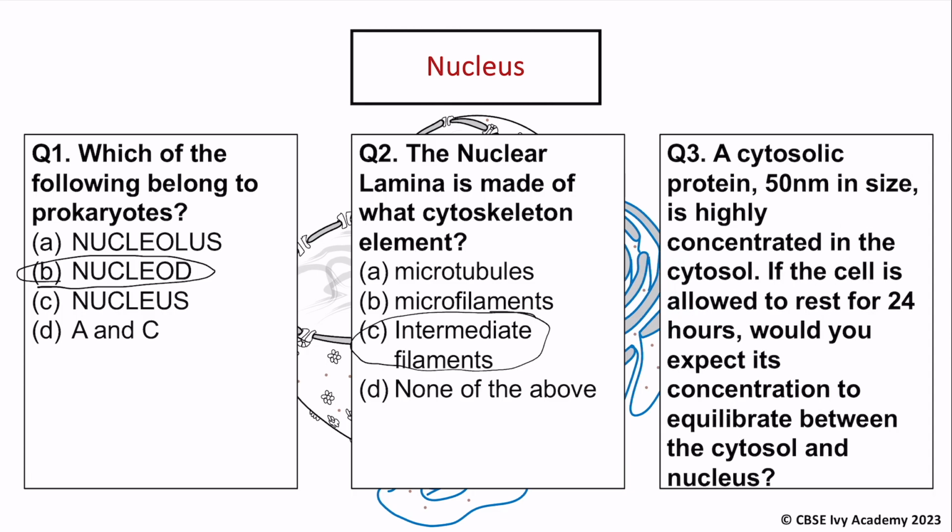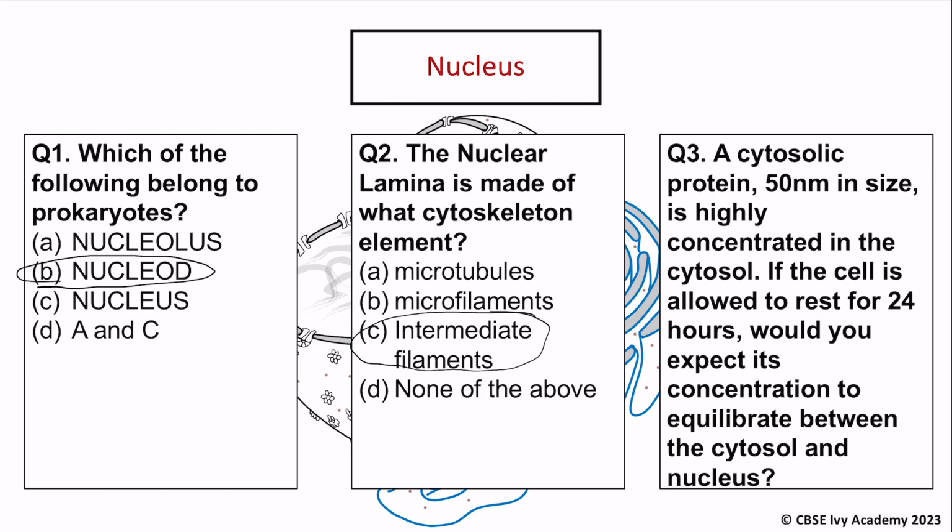If you have a cytosolic protein, which is 50 nanometers in size, and it's highly concentrated in the cytosol, outside of the nucleus, if you allow that cell to rest for 24 hours, would you expect the concentration of that protein to equilibrate between the cytosol and the nucleus, keeping in mind that the diameter of the nuclear pore complex is roughly 100 nanometers in size, so this protein is smaller?